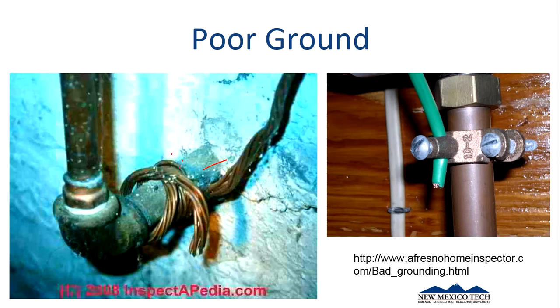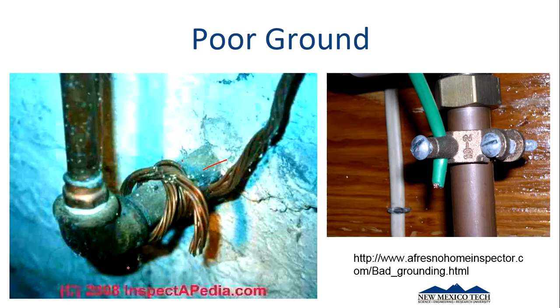But there are some problems with that now, especially if you have PVC or PEX or something like that. Plastic plumbing won't work. So it's kind of frowned upon now, but you'll still run across it on buildings that have copper plumbing. But if you look carefully, this thing's just wrapped around this pipe, and it's not actually touching it. It's maybe kind of touching it, but not really. It's going to be intermittent, so that's not a very good one.